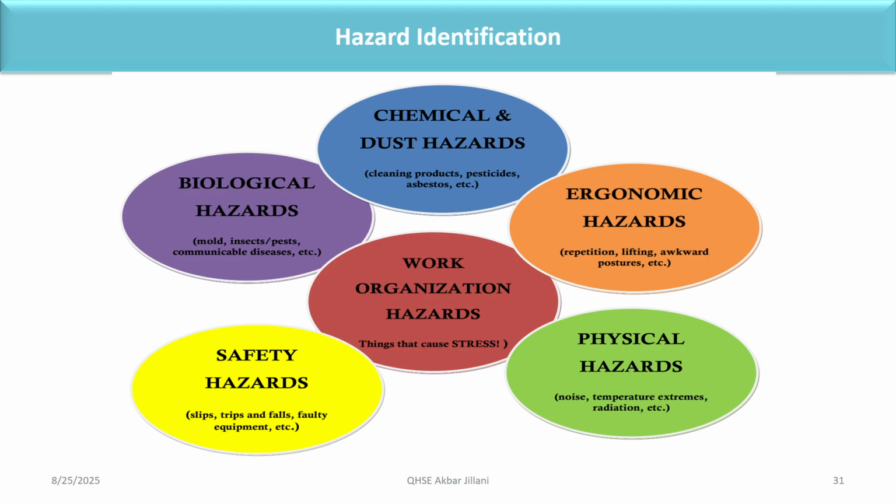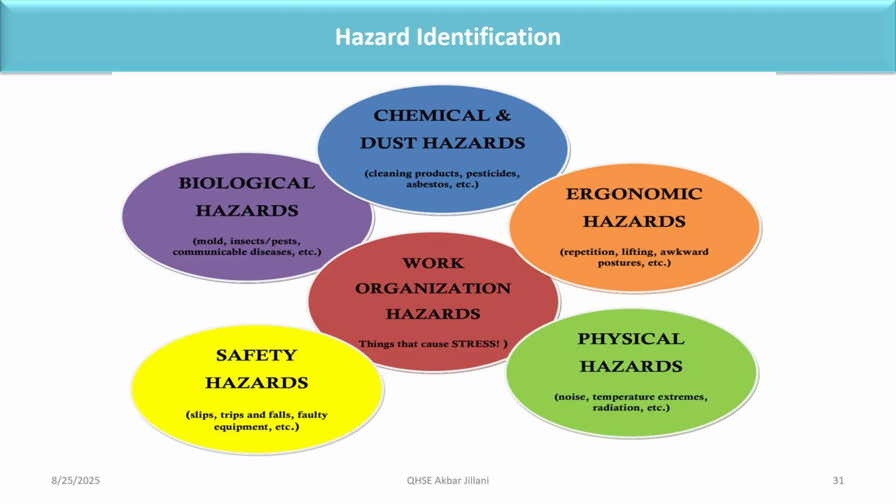Actually, when we are talking about hazards, there are 6 categories of hazards. Chemical and dust hazards, like cleaning products, pesticides, asbestos. Ergonomic hazards: repetition, like lifting, awkward postures when we are sitting in the office or at our home. Also, these are the hazards.